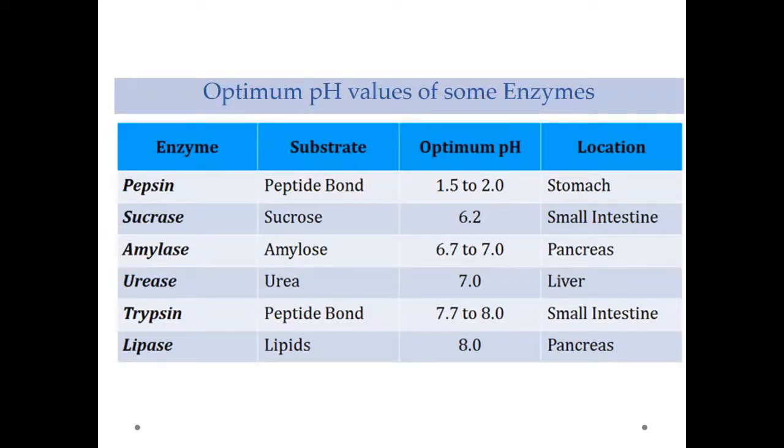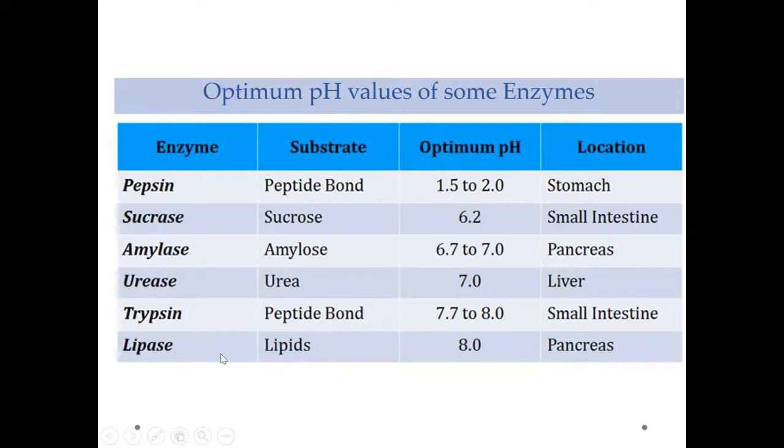For example, from 6 to 8, there are some enzymes of our gastrointestinal tract, such as sucrase. It shows absolute specificity, as we said before. This enzyme breaks down saccharose to fructose and glucose. Amylase is also in the pancreas and oral cavity; alpha amylase hydrolyzes glycoside bonds.